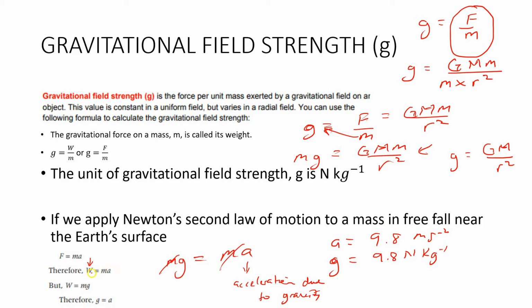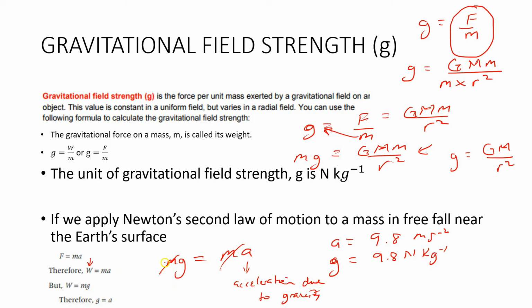So providing that I know that the weight is equal to mass times acceleration, and I also know that the weight from definition is equal to mass times g, then at free fall, what we can observe is that the gravitational field strength is equal to the acceleration that the object is falling with, which is what we call acceleration due to gravity, right?